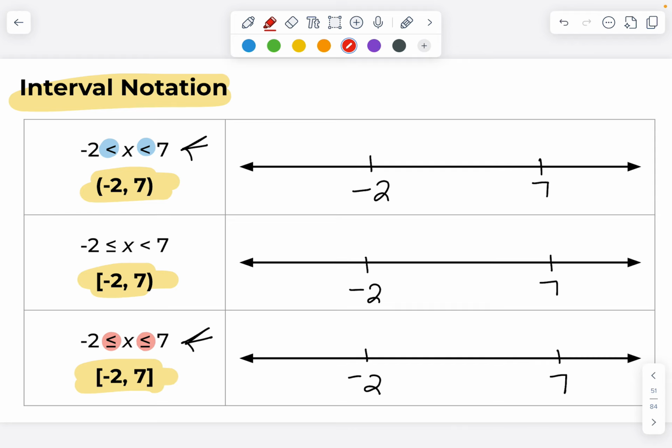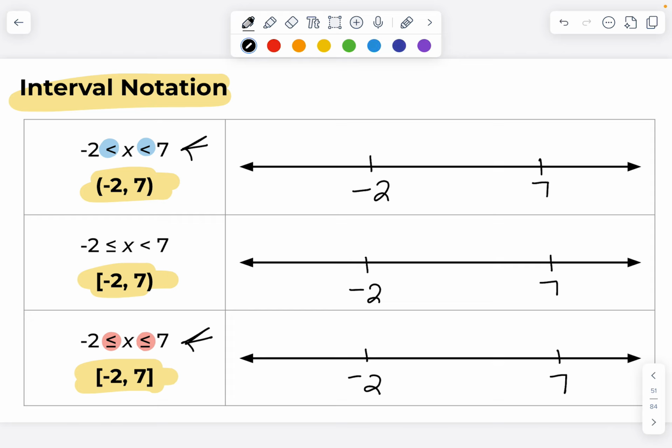Again, these have the lines underneath these inequalities down in the bottom example. So that means that we can equal -2 and we can equal 7. Versus the top one, we don't have the or equal to symbols. So that means I'm going to get really close to -2, and really close to 7, but I'm never going to actually equal those values.